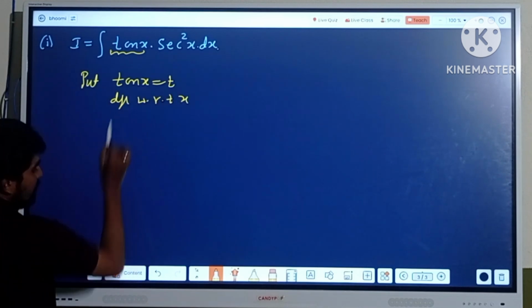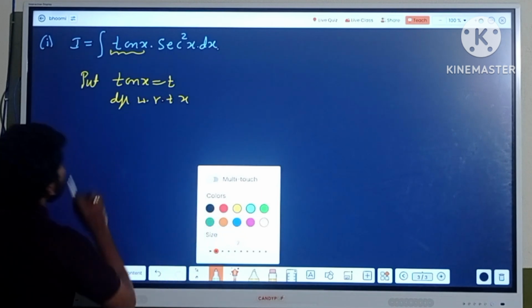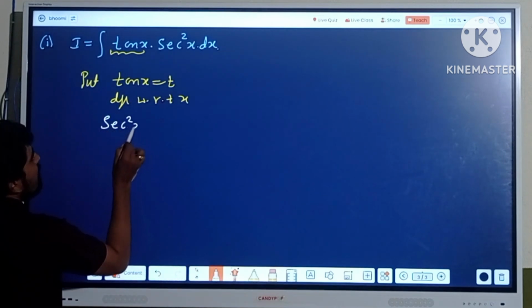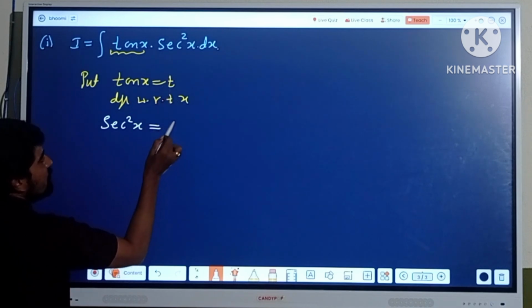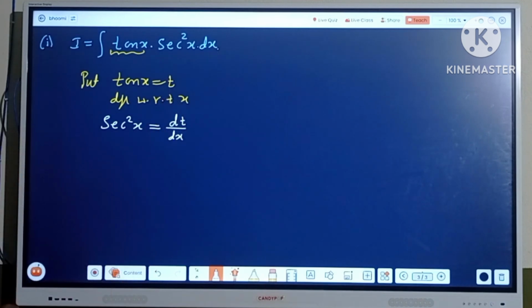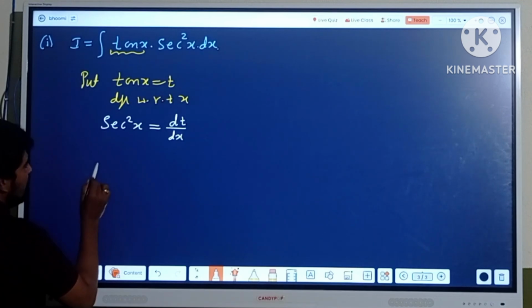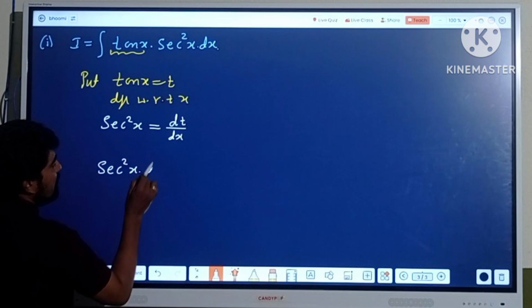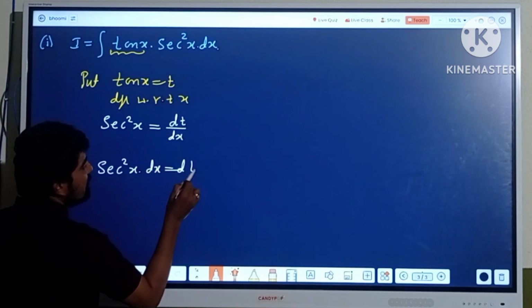We know that the derivative of tan x is sec square x, equals the derivative of t with respect to x, which is dt/dx. I hope all of you are understanding. By cross multiplication, finally we have sec square x into dx = dt.